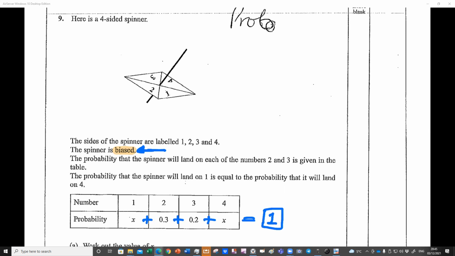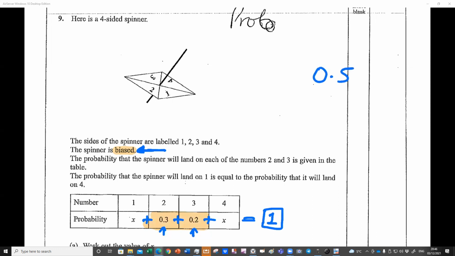Unfair. So now, if you look at the values, you can already see the bias from the numbers not being equal. If you have a 4-sided spinner which is not biased, then all the numbers would be equal, 0.25 all the way around. Now, Arva, what do these two numbers add up to at the moment? 0.5.